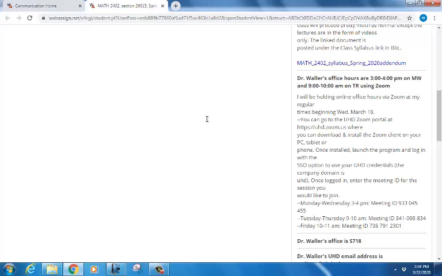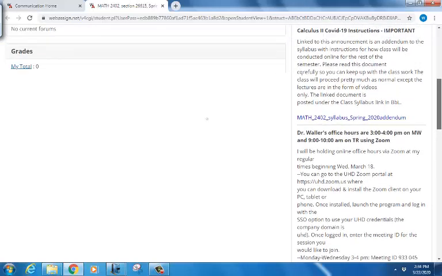Be sure to read announcements that are made in WebAssign, and those same announcements are made in Blackboard, so make sure you're reading the announcements in Blackboard as well. I think when I make those announcements, they go to you as email, but they remain as announcements posted in Blackboard. So make sure that you're keeping up with these announcements.